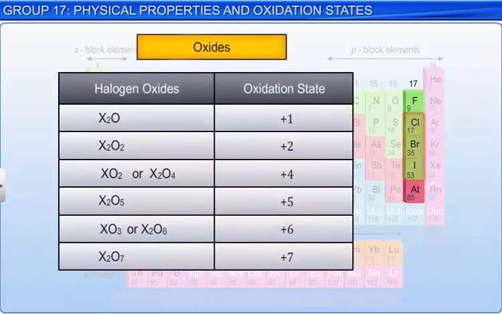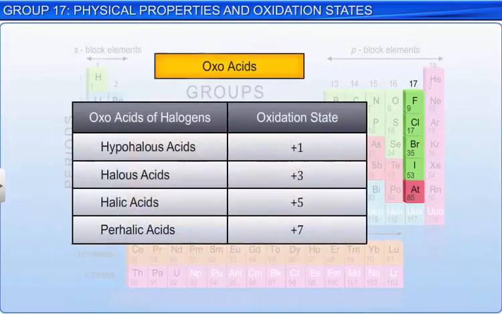These elements exhibit oxidation states from +1 to +7 in their oxides, as shown in this table. Group 17 elements exhibit +1, +3, +5, and +7 oxidation states in their oxoacids like hypohalous, halous, halic, and perhalic acid series.